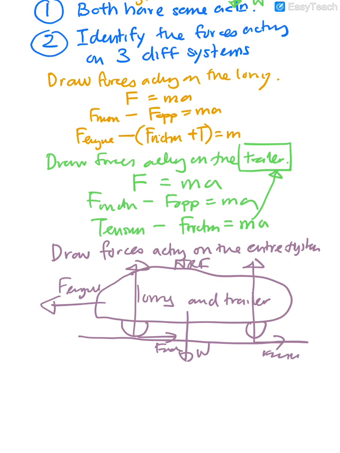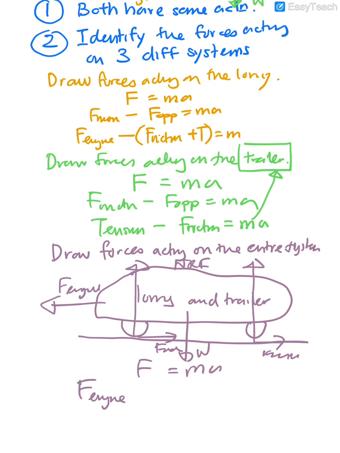Because you are taking the whole system, it becomes 0, yes. But the friction is more than the ones in green and red. It'll be more because you're talking about both the lorry and the trailer. And the mass of course is both of them. So you write this again.